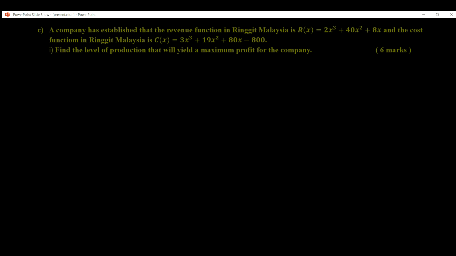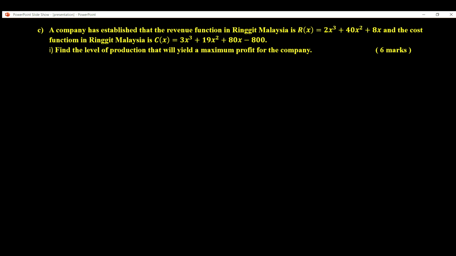For the last question, part C, we need to find the level of production that will yield a maximum profit for the company. In this question, we got the revenue and cost function. As we know, profit is the difference between the revenue and cost, so we can use this method to find the profit function.